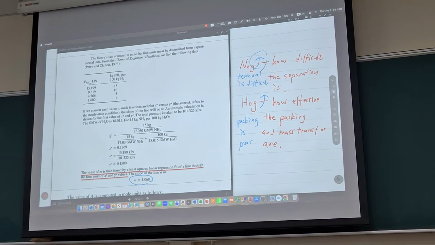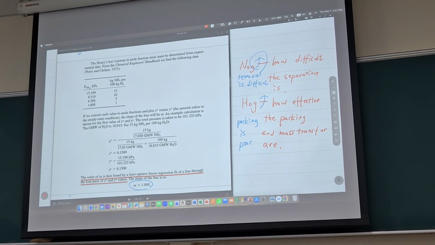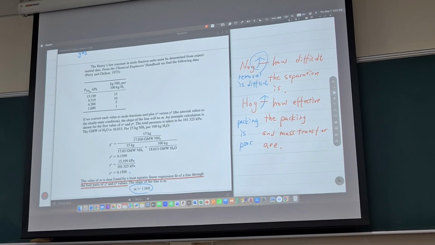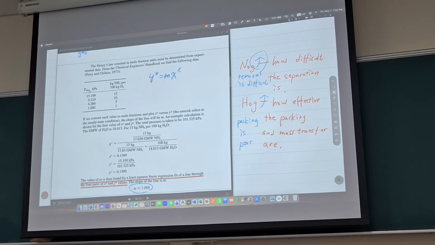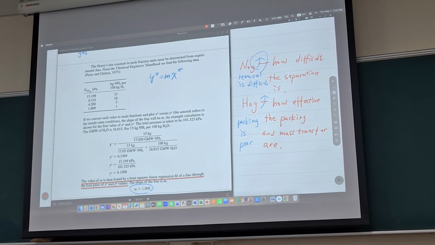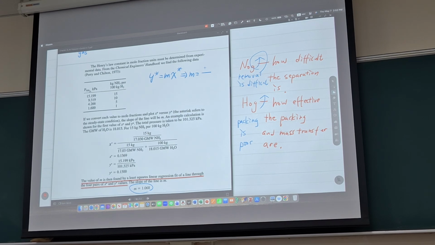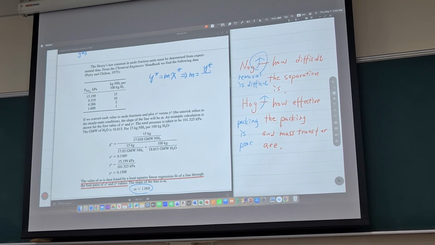Next we want to find out M. How to find out M? Based on Henry's law, Y star equals M X star. Therefore, M equals Y star over X star.